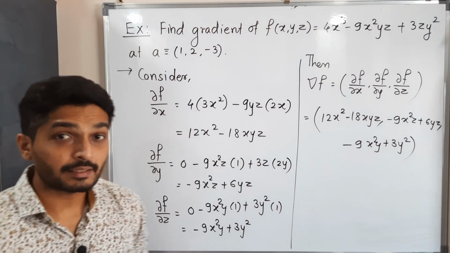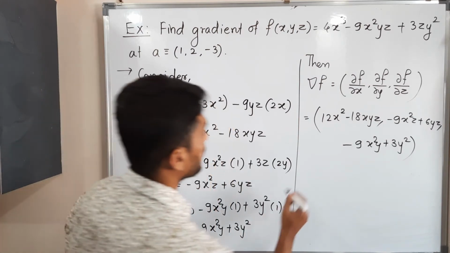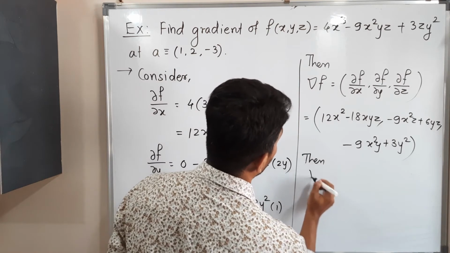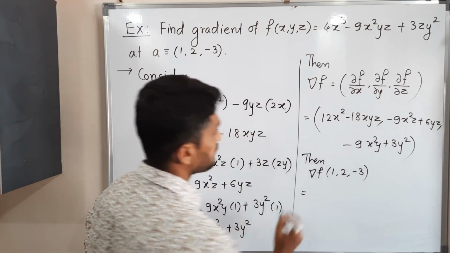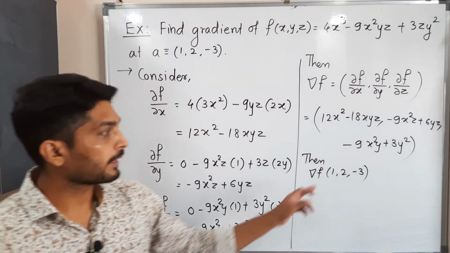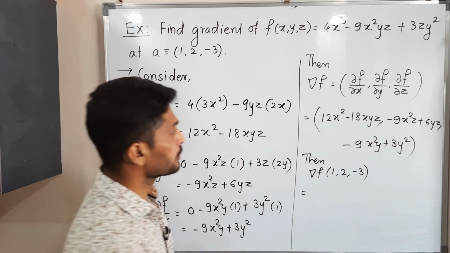So we have to find gradient at that particular point a. Now the value of del f at the point (1, 2, -3). The meaning is very simple. We have to put x equal to 1, y equal to 2 and z equal to -3. Let us put here.